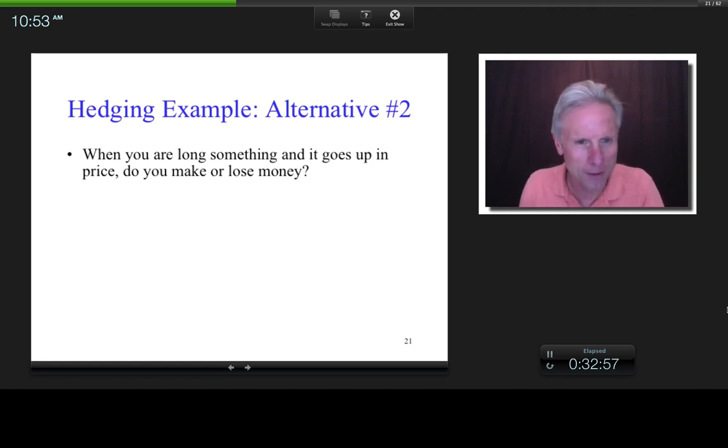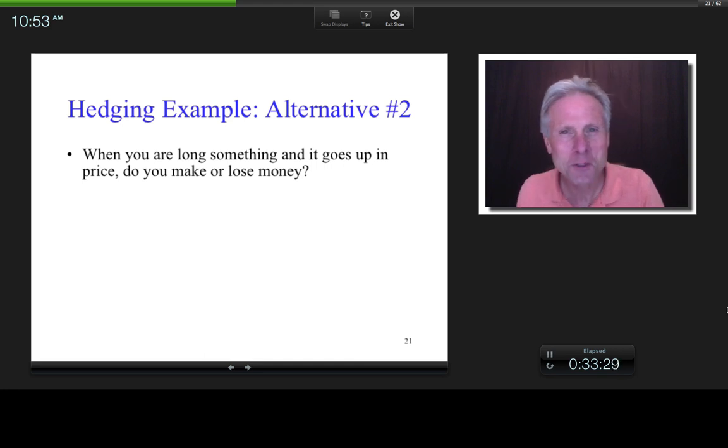So what I want to do is look at when you're long and you're short and things go up and down in value, whether you make or lose money, okay? So when you're long something and that something goes up in value, have you made or lost money? You've made money, right? For example, if you buy 100 shares of IBM at say $80, are you long or short IBM stock? You're long IBM stock. That's what we're used to. And so suppose the price now goes up to $90.